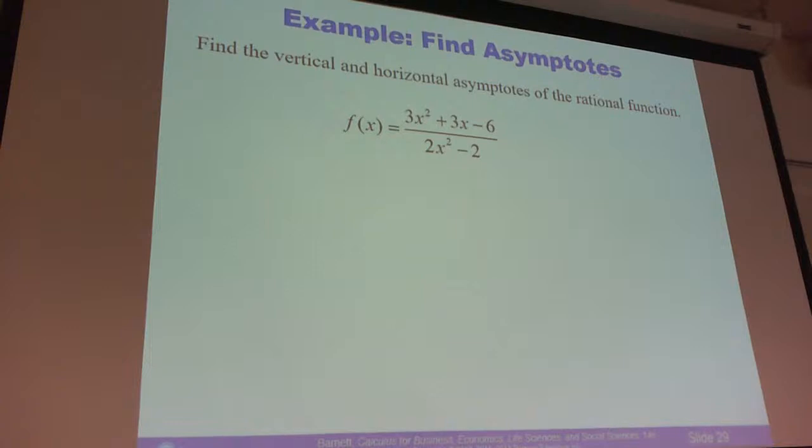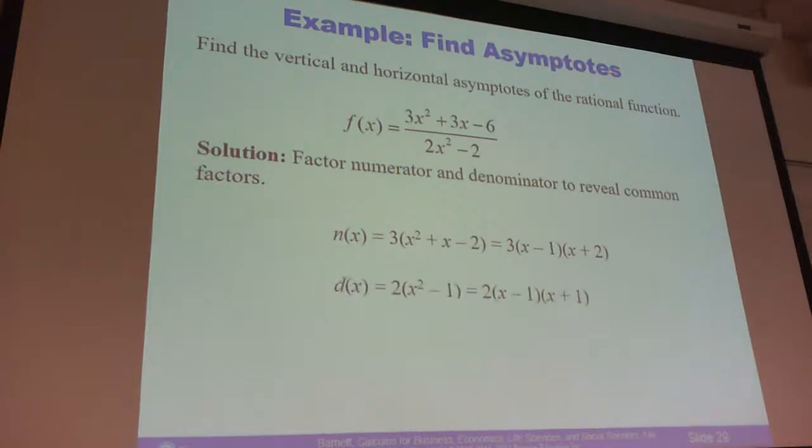Okay, let's see if we got the first step. Factor the numerator and denominator. If you factor the numerator, 3x squared plus 3x minus 6 becomes 3 times x minus 1 times x plus 2. The denominator, 2x squared minus 2, factors to 2 times x minus 1 times x plus 1.